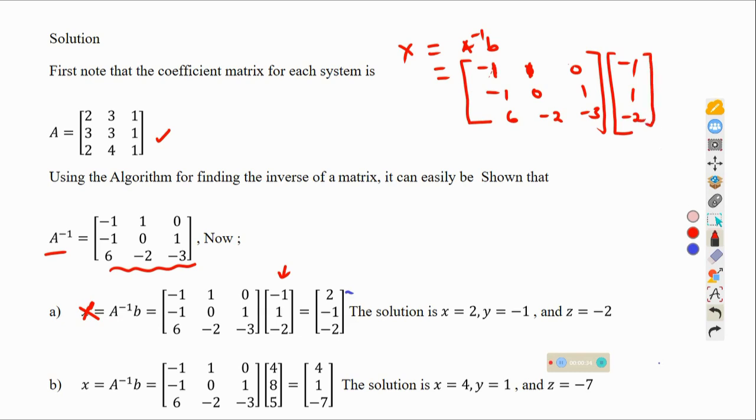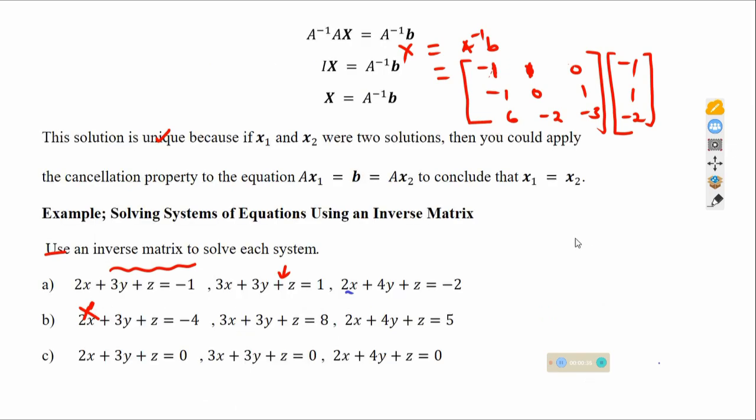We can easily see that from the system here. So that is the one we are talking about as our B, negative 1, 1, and negative 2. Then this is our A inverse.